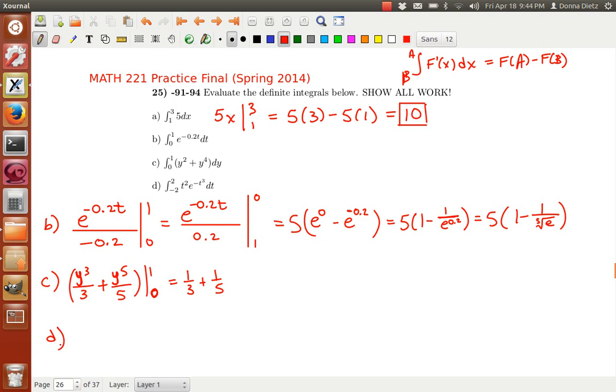D is, we're going to have to use u substitution, or we're going to have to use our special trick. So if we were to let minus t cubed be u, what's the derivative? Well, it'd be minus 3t squared. Do we have a minus 3t squared? No, but we can if we just multiply the inside of the integral by minus 3 and the outside by minus 1/3, then we've got it.